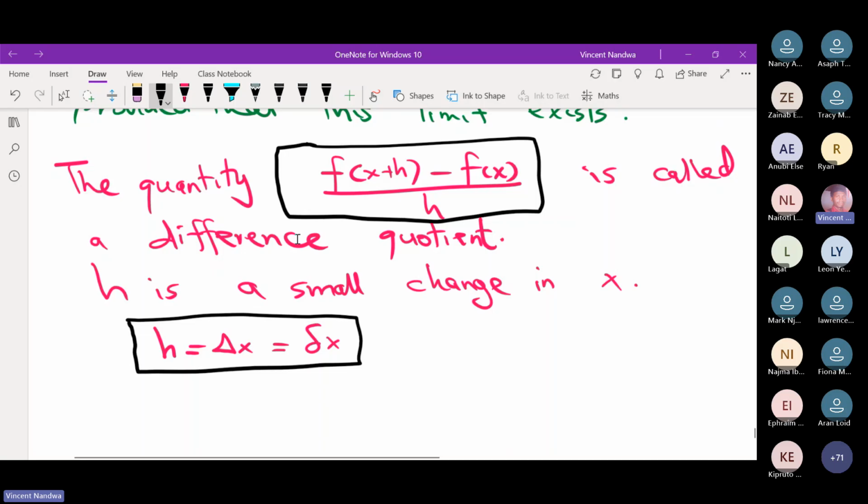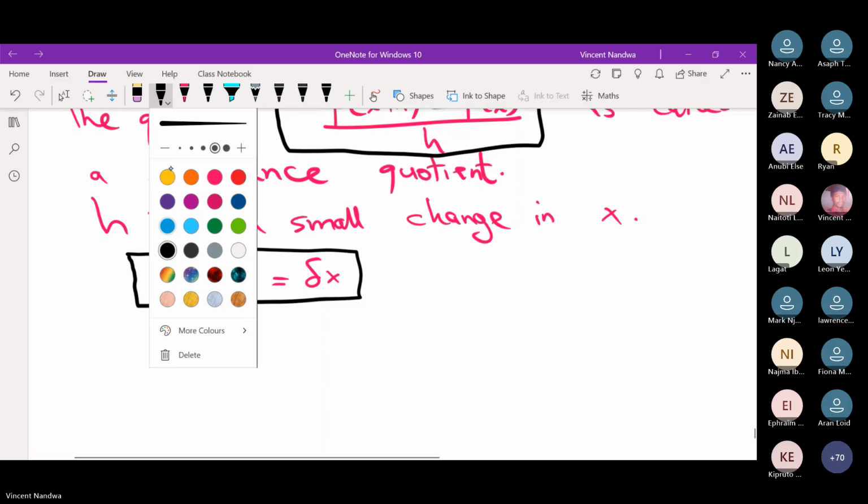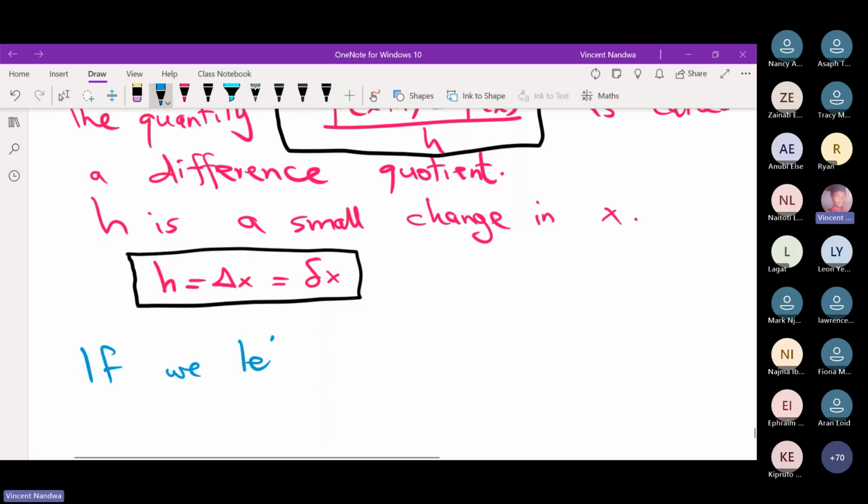Then if we let z be x plus h, what will be the expression for h? z minus x. Correct, z minus x.